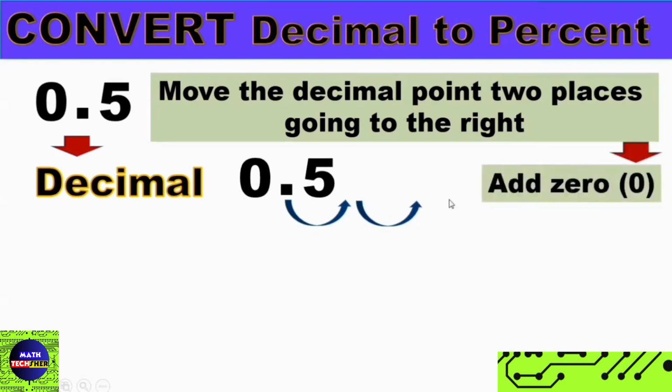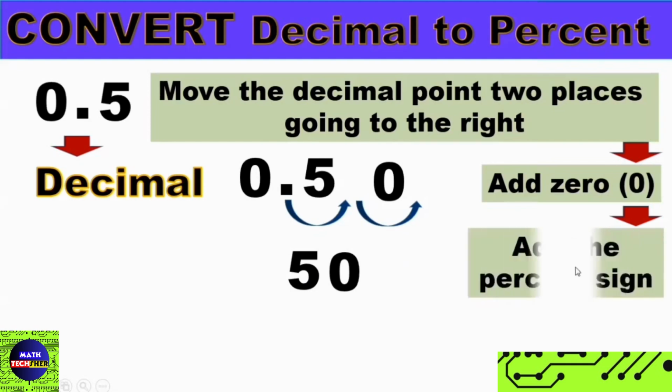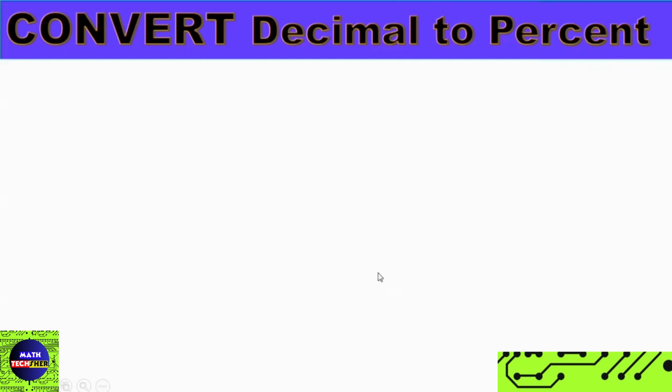Okay, and then add 0. Okay, and then we eliminate the point. Then now we have 50. Then the next step is to add the percent sign. Therefore, 0.5 is equivalent to 50%.